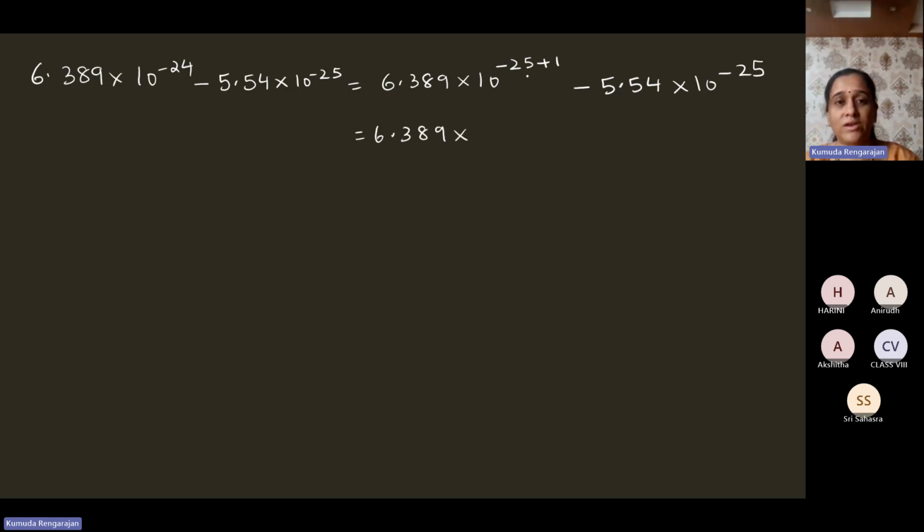Now for this we'll write the earlier step. The earlier step should have been 10 to the power minus 25 into 10 to the power 1.